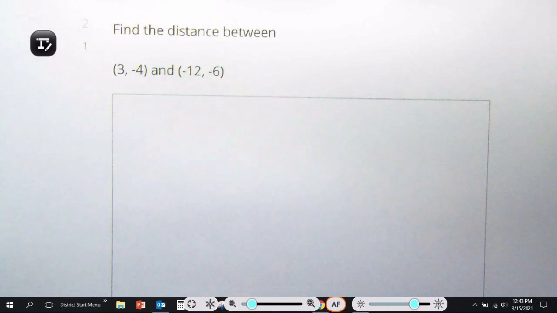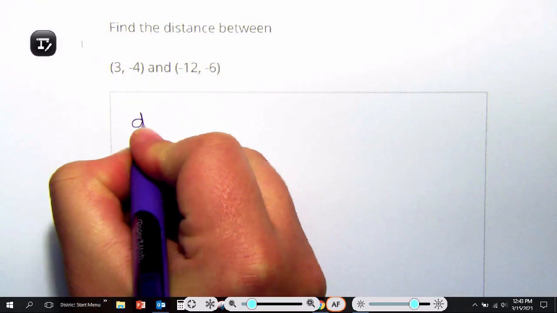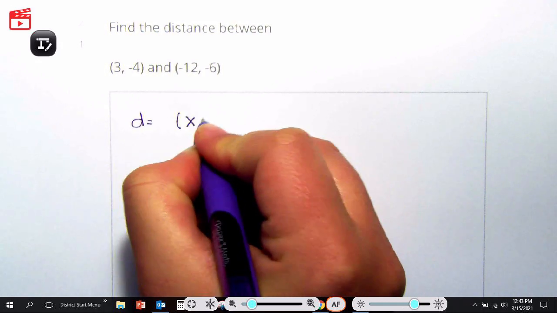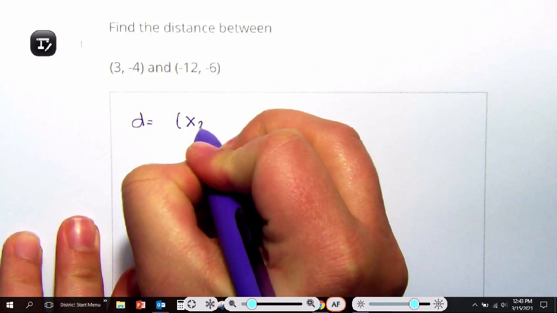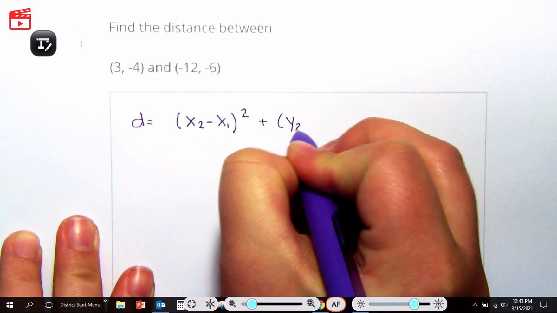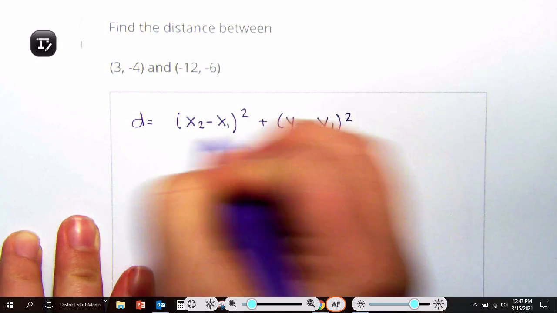Let's do one more. We're going to find the distance between (3, -4) and (-12, -6). Same thing as before. We're going to start off by writing our formula. Again, sing the song if you need to recall the formula: x2 minus x1 quantity squared plus y2 minus y1 quantity squared, take the square root.